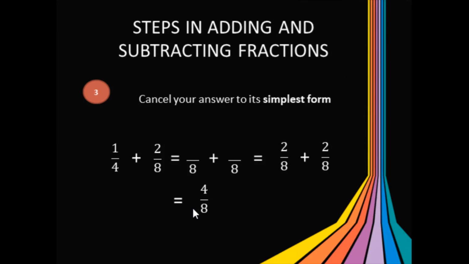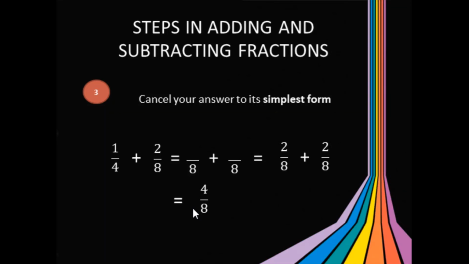4 8ths is not yet in its lowest term. Agree with me? Not yet. So we need to cancel it first to get the simplest form. Find the factor that can divide both 4 and 8. What number is it?